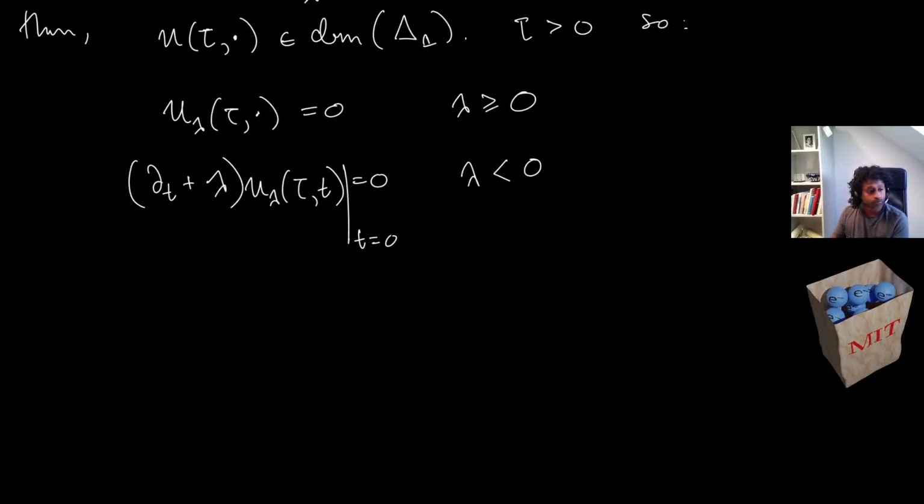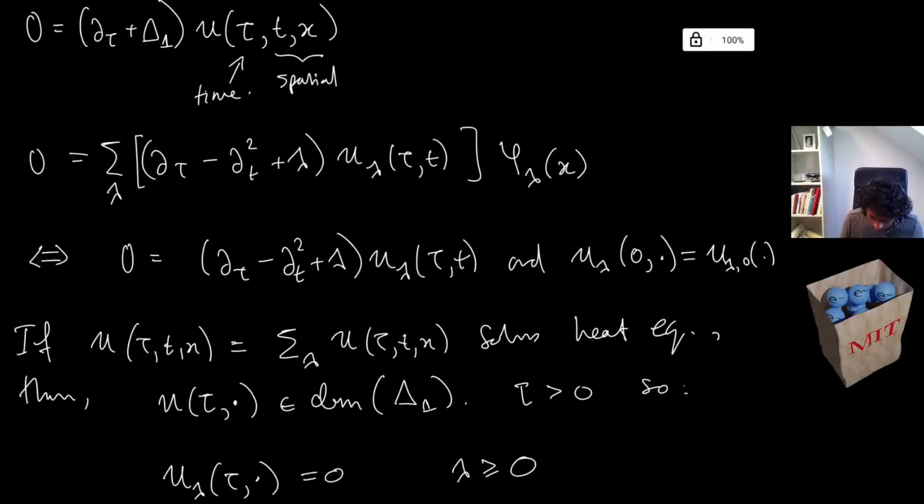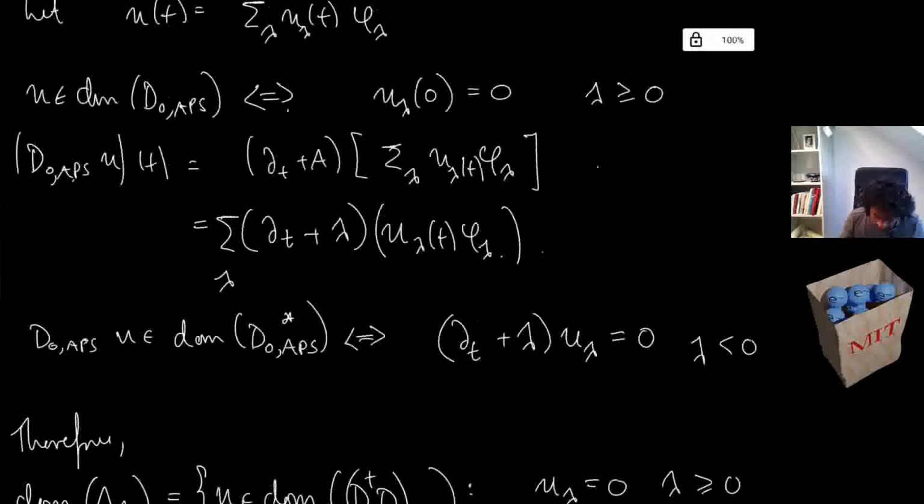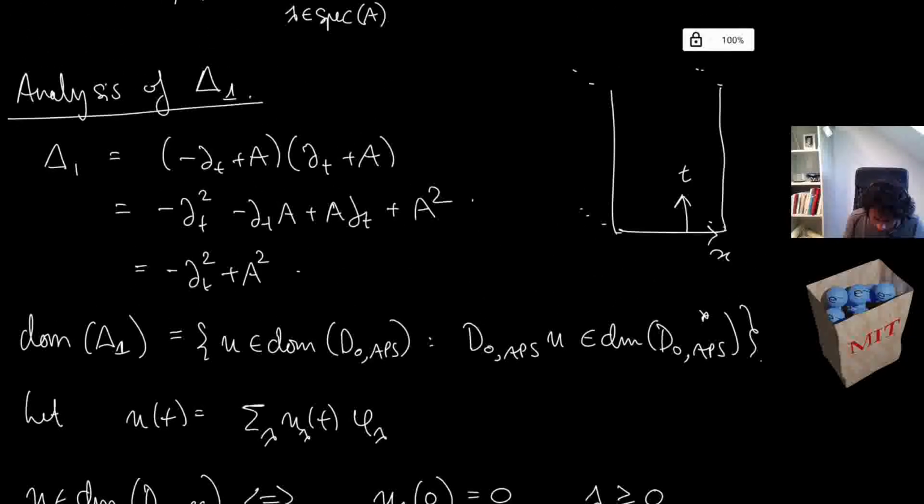Yes? Can you repeat that again, please? Sorry. Aha, because we just want to expand. So what is Λ₁? Λ₁ is negative ∂_t² plus λ².